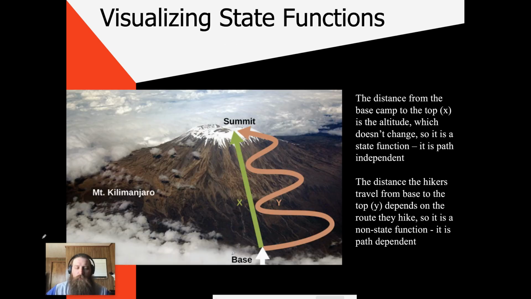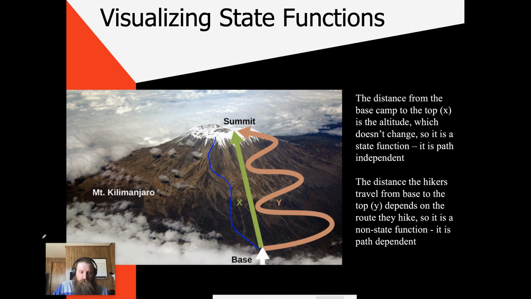So what is a visual that we can put with that? Well, altitude, right? The distance that Mount Kilimanjaro is from the bottom to the top, that is a state function. The altitude doesn't change. It doesn't matter how you measure the altitude. It is what it is. The distance you have to hike in order to get from base camp to the summit, though, is a non-state function. Let's say you followed path Y. You would walk much further than if you followed, we'll say, path Z, right?